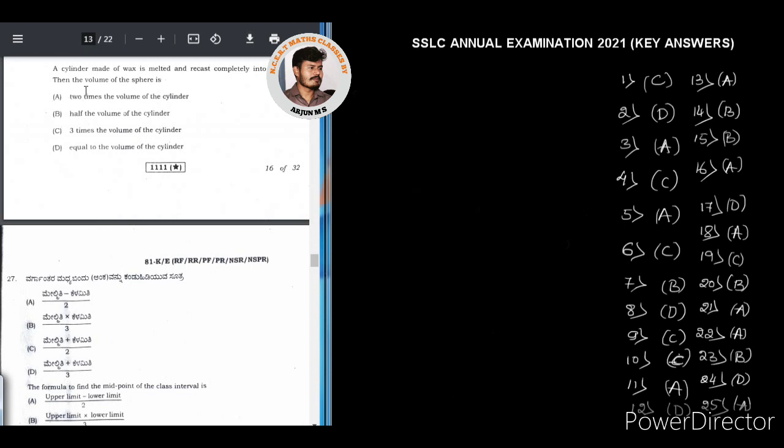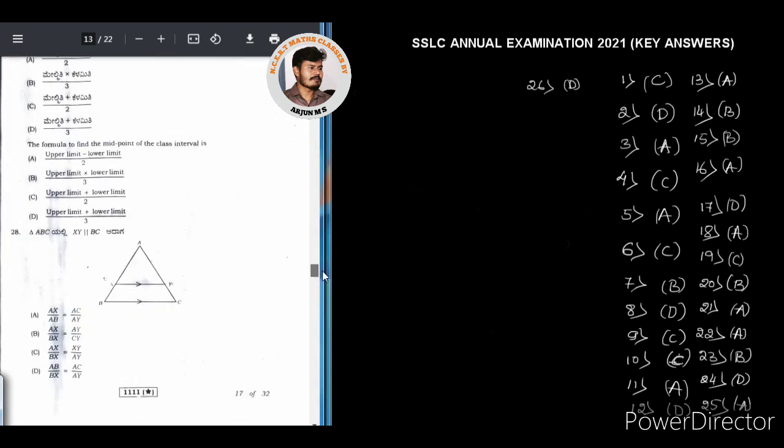So here the answer is, the volume of sphere is equal to the volume of cylinder. Answer for 26th question is D.